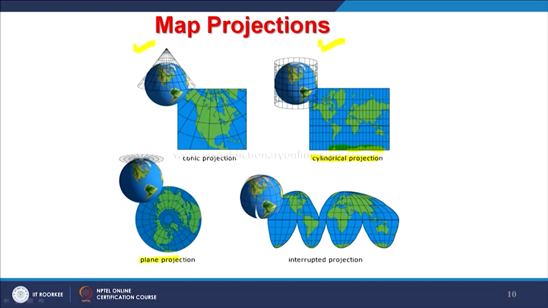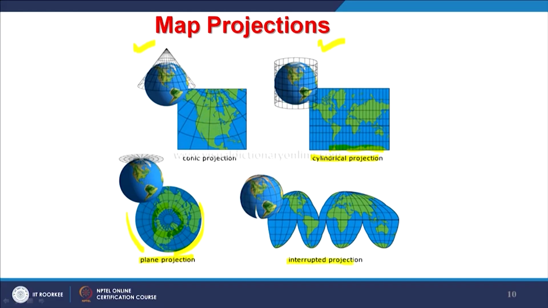When I am having plane projections, again wherever this seat is kept or projected, like this is about the northern hemisphere, things are very well represented. But what happens near the equator or the southern hemisphere, you do not have anything to see there.